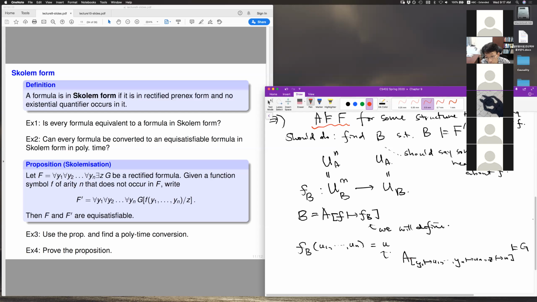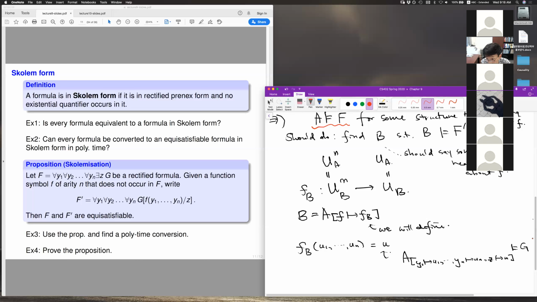So there should exist some small u in the underlying universe of the structure A, such that this entire updated version of the structure should satisfy the formula G. So we say that this u, which exists because of the satisfiability of the original formula, is going to be the result of applying this function f to u1 up to un.